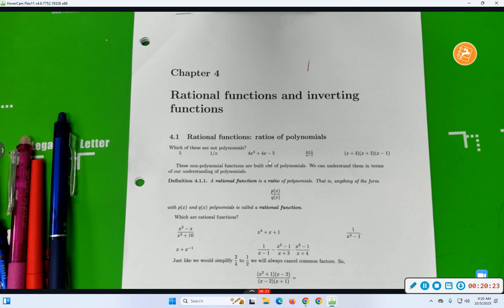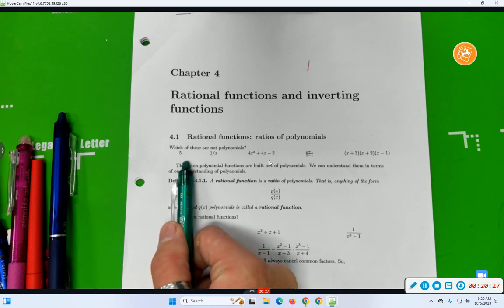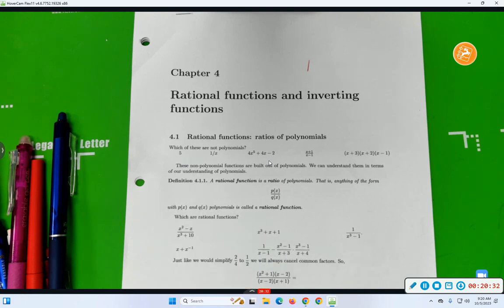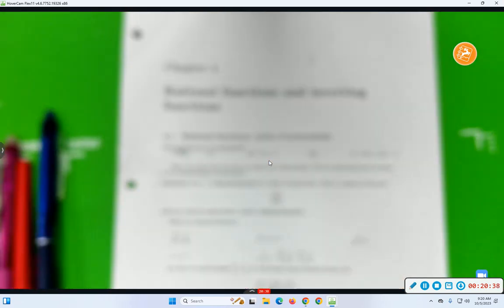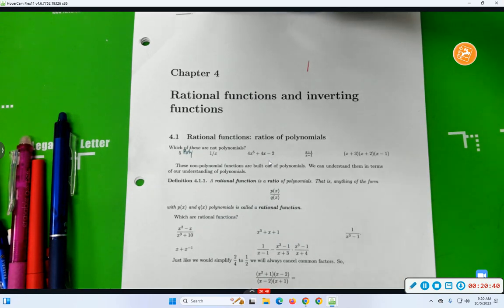Let's play the game of are these or are they not polynomials? 5, is that a polynomial? Folks for yes? Anyone for no? Excellent, constant functions are polynomials. Next one, 1 over x. 1 over x, polynomial or not polynomial?